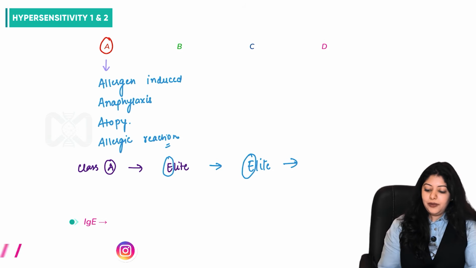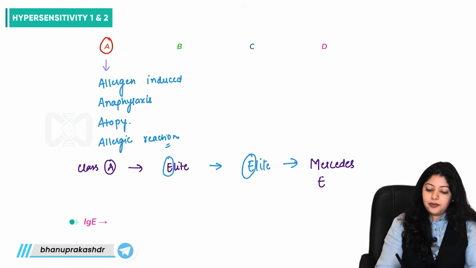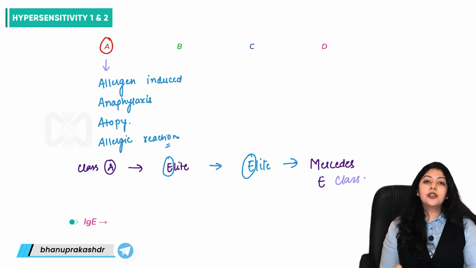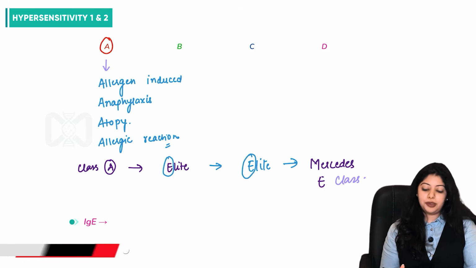Mostly we have Mercedes-Benz E-Class. So let's use this story for the important mechanisms and the associated immunoglobulins.